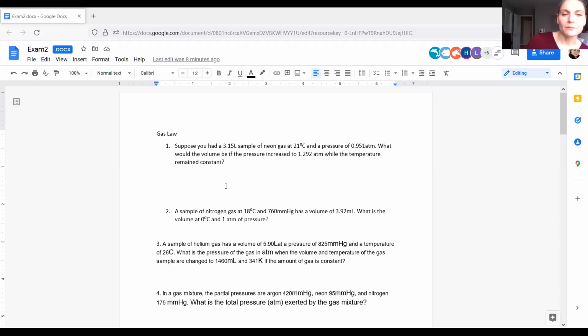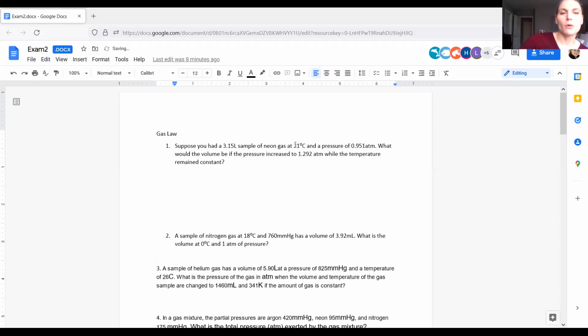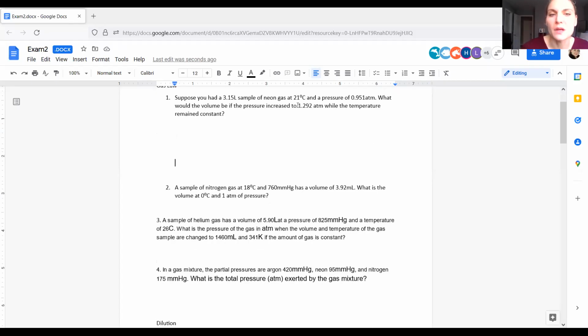So the problem says, suppose you had a 3.15 sample of neon gas at 21 degrees Celsius and a pressure of 0.951 atm. What would the volume be if the pressure increased to 1.92 atm while the temperature remained constant?